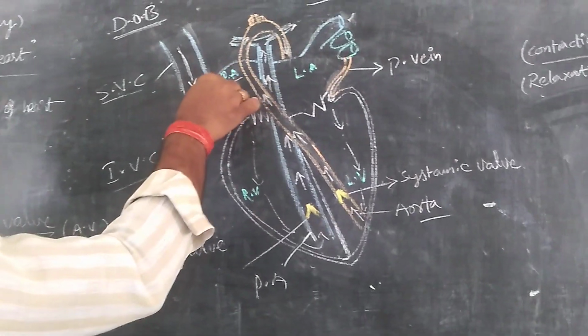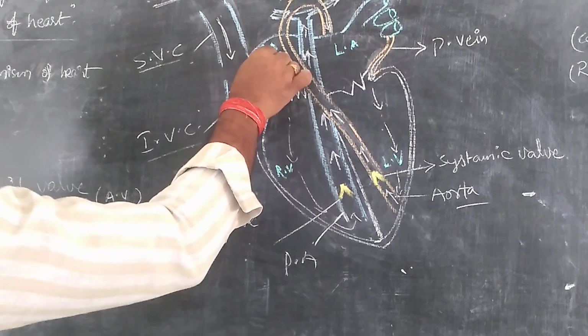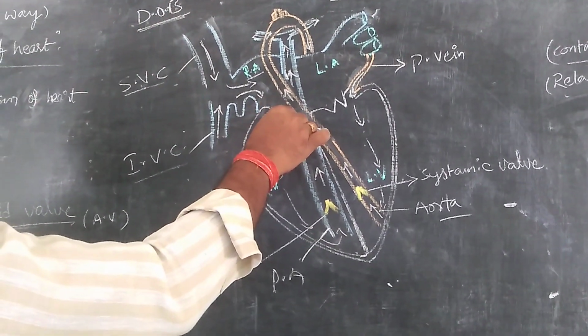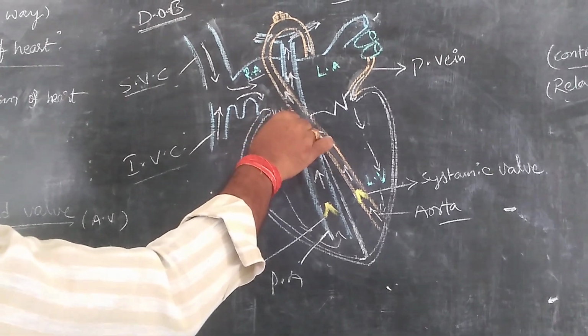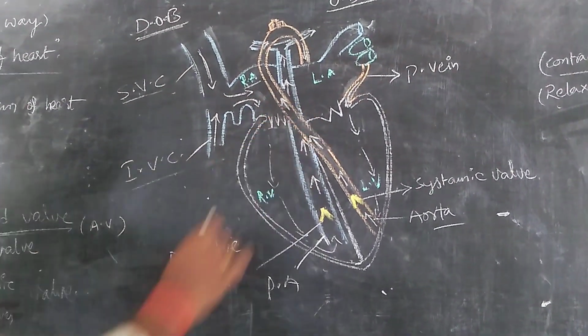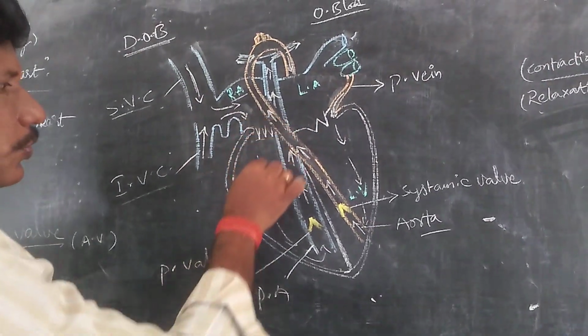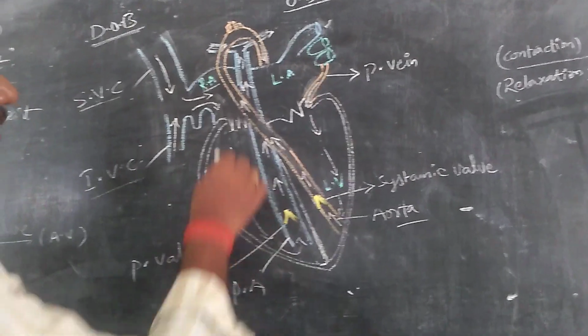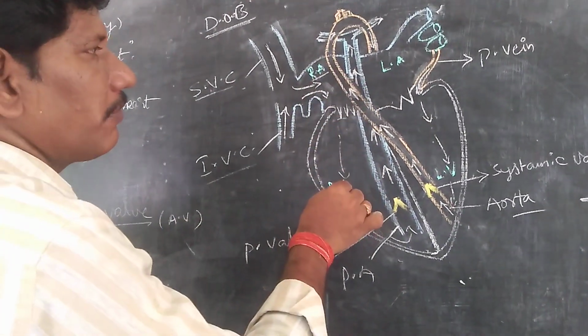That is called the right atrium. From there, with the help of the auriculoventricular valve, the tricuspid valve, the blood rushes to reach the right ventricle. So this is the right atrium and right ventricle.